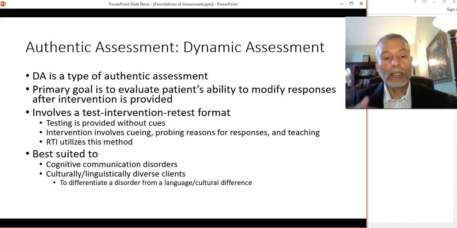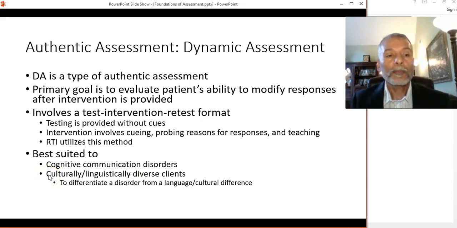I'm going to provide intervention in that regard, and then go back and test again and see how much they benefit from that intervention. And if they show immediately that they benefit, then that is going to decrease the number of times that you see them, and they might not qualify even as having a very serious disorder.